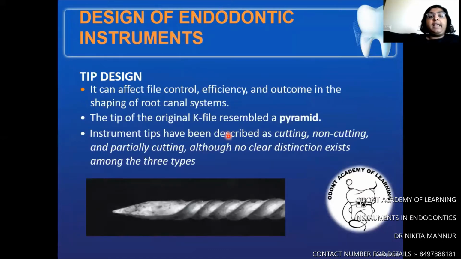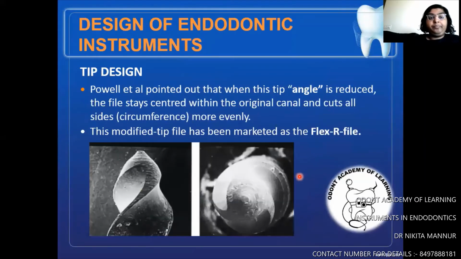Now coming to the design, the tip design, it can affect file control, efficiency, and outcome in the shaping of root canal systems. The tip of the original K file resembles a pyramid, as you can see in this picture. Instrument tips have been described as cutting, non-cutting, partially cutting, although there is no clear distinction among the three types.